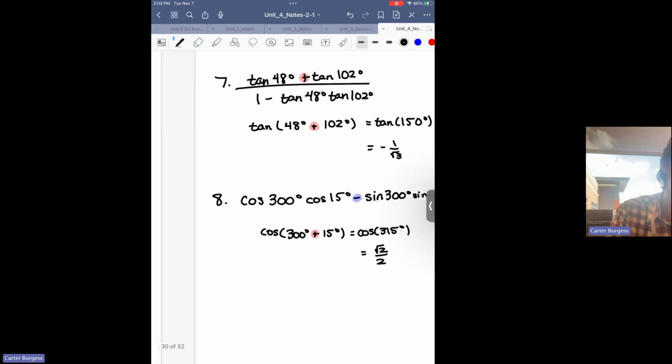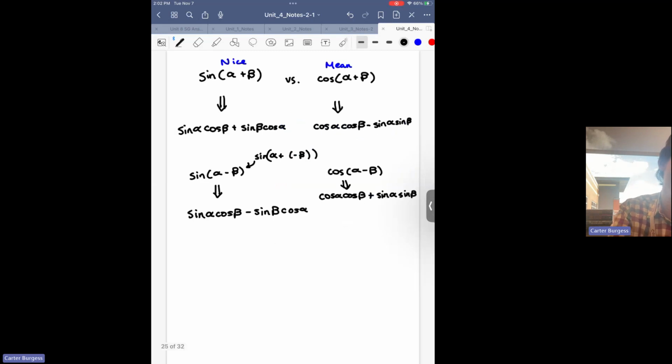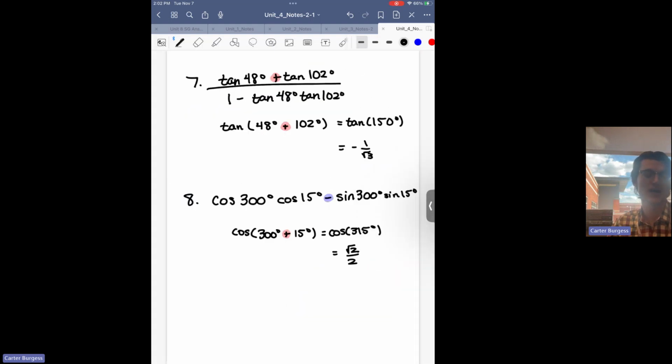So if we look at the sine decomposition and the cosine decomposition, notice that in the sine decomposition, the sines and the cosines are grouped together. We've got sine, cosine plus sine, cosine. Whereas for cosine, the cosines are all together in one, and then it's the sines. So that's how we can look at this and say, well, which of those do I have?